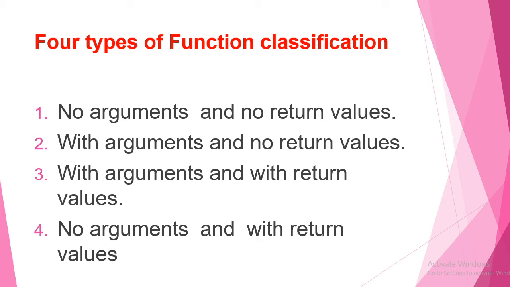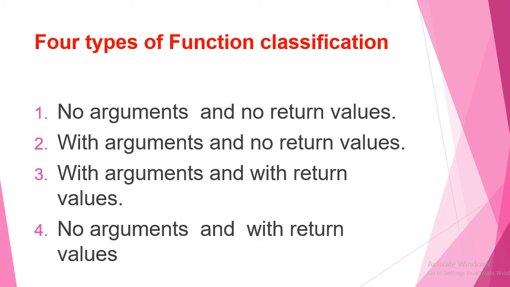There are four main types of classification. First is no argument, no return type. What is meant by argument? Argument is an input. And return type, return value, means an output. No input, no output means no argument, no return type.